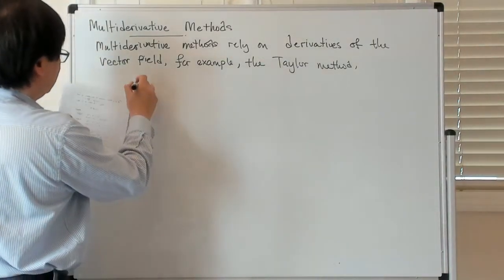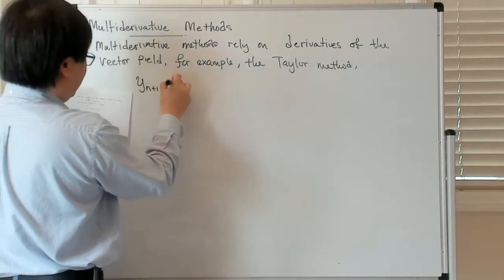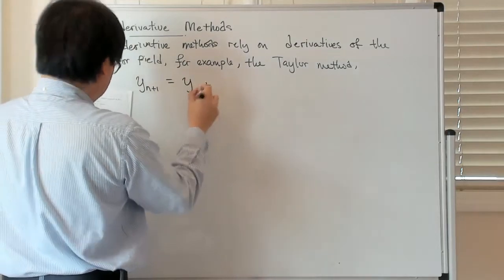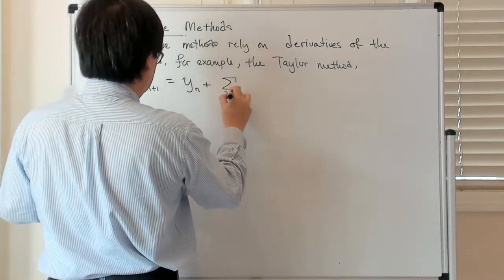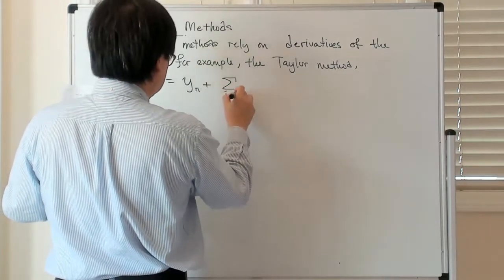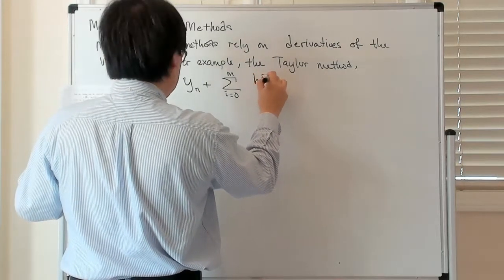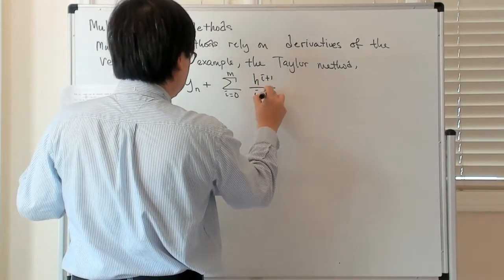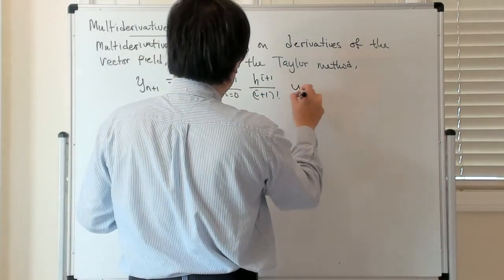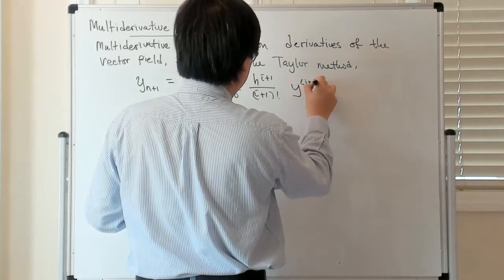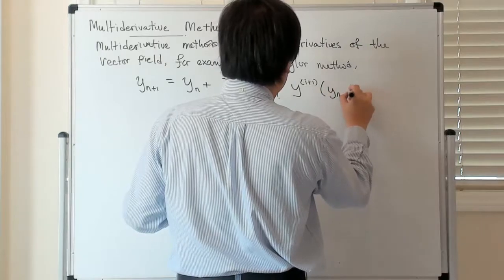So you probably know that you can have a Taylor series, right? y_{n+1} is equal to y_n plus basically the sum from i equals 0 to m of h to the i plus 1 over (i plus 1) factorial, and then basically the (i plus 1)th derivative of y evaluated at y_n and t_n.